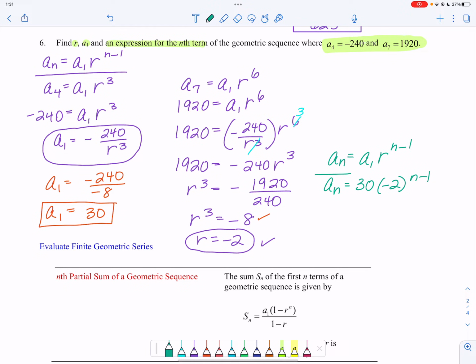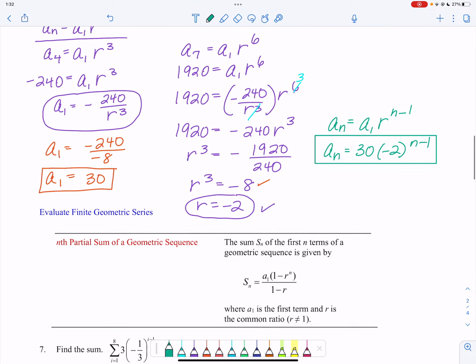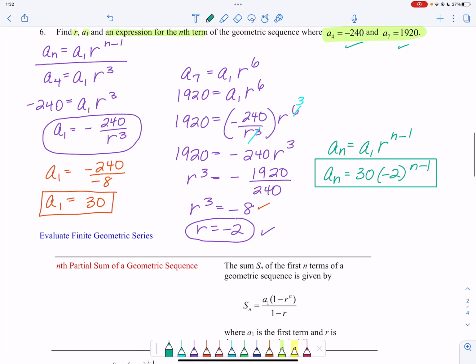And there we have a sub n. So a little work, but each item, each term that they give us, helps us find what we need.